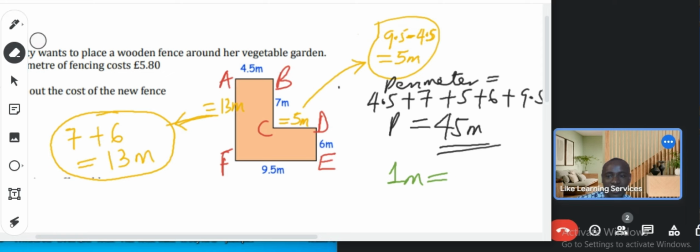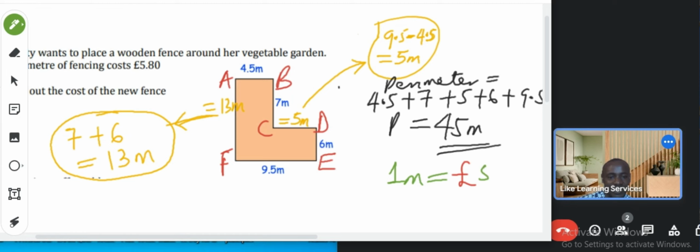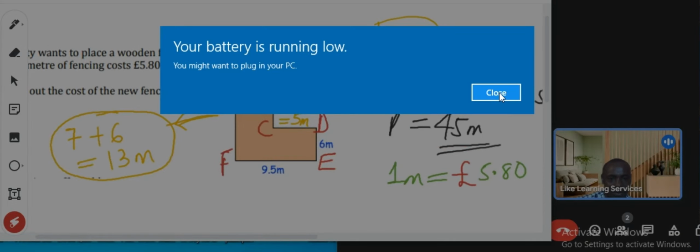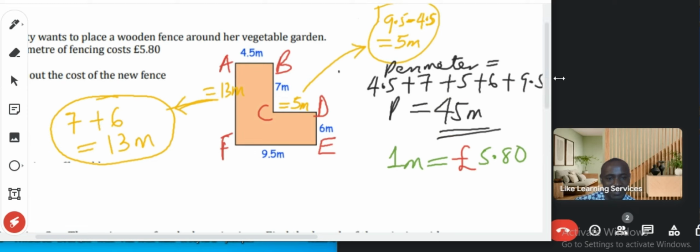So what? 1 meter is 5 pounds 80 pence. So what's the cost of all of them now? Remember, the entire thing is 45 meters. I hope you know. Is it 45 pounds? Times that. Good.